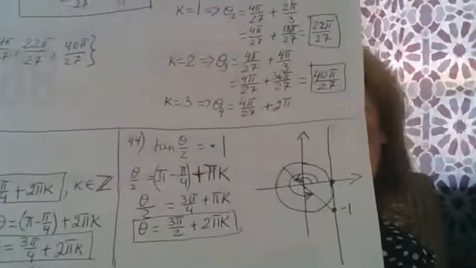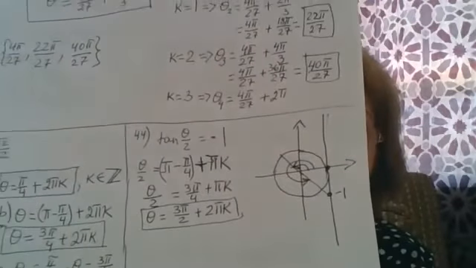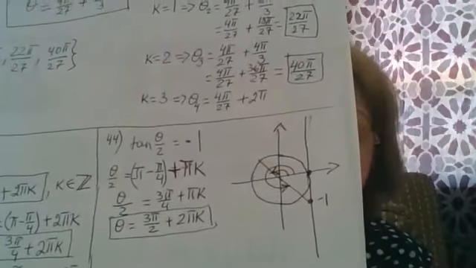So it will be theta over 2 equals 3 pi over 4 plus pi k. Multiply both sides by 2. You are getting theta equals 3 pi over 4 times 2, which is 3 pi over 2, plus 2 pi k. This is your first box, showing the family of all general answers.